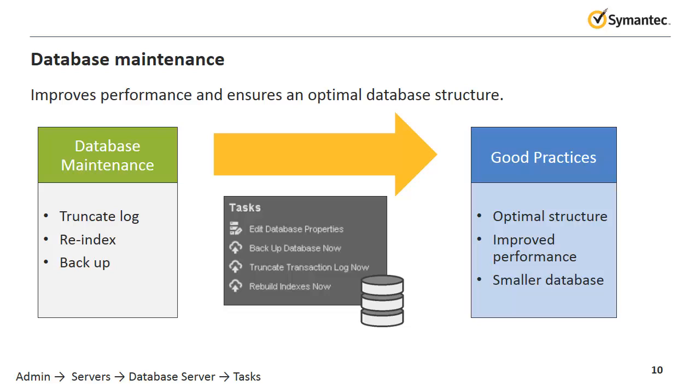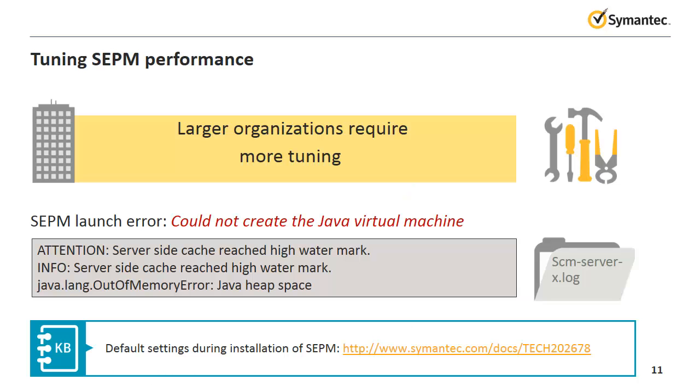Database maintenance improves performance and ensures an optimal database structure, particularly in large environments. Truncating the logs and rebuilding the indexes results in a more efficient database. The default configuration of the SEPM is designed to minimize the memory and disk space footprint.